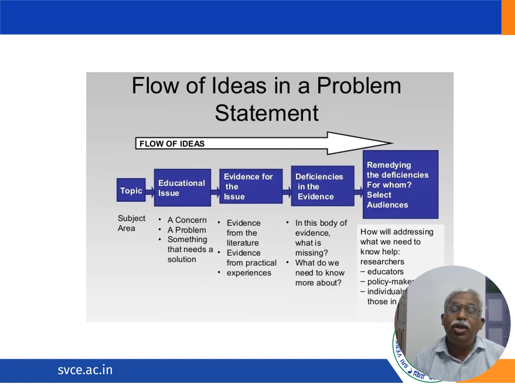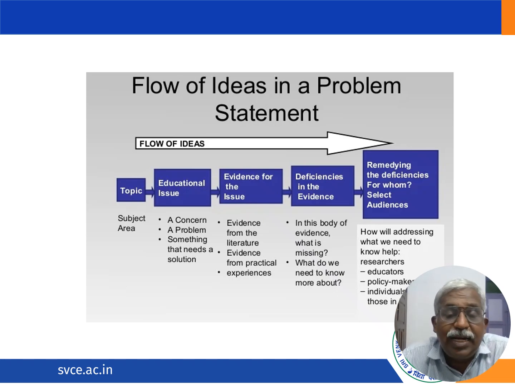Now how do we define a problem statement? If you are considering one particular area, the problem is that people are not able to take three meals, that too nutritious. So identifying the problem statement itself is very difficult.